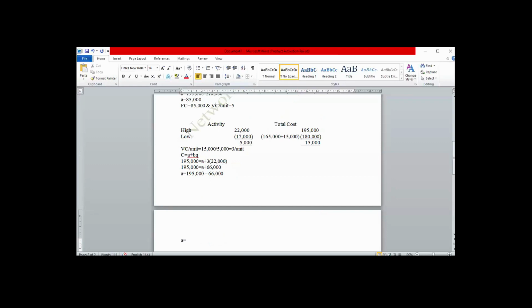A is equal to 129,000. Is that clear? But none of this justifies the position of the question because our variable cost is not constant. None of the 3 directions is in line with the solution, with the question given to us.